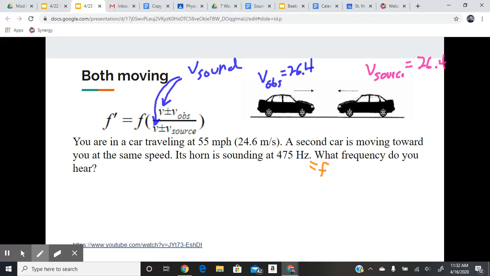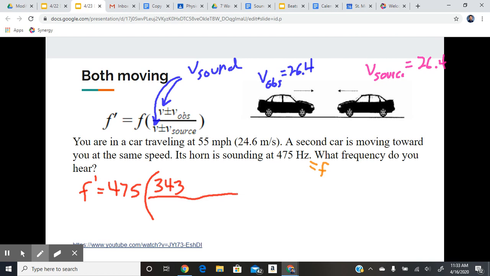Okay, so if we go to plug everything in here, so we're looking for f prime, which is our observed frequency, is equal to 475. And I'm just going to go ahead and plug in the numbers, and then we'll talk about the addition and subtraction afterwards. So we will have 343.